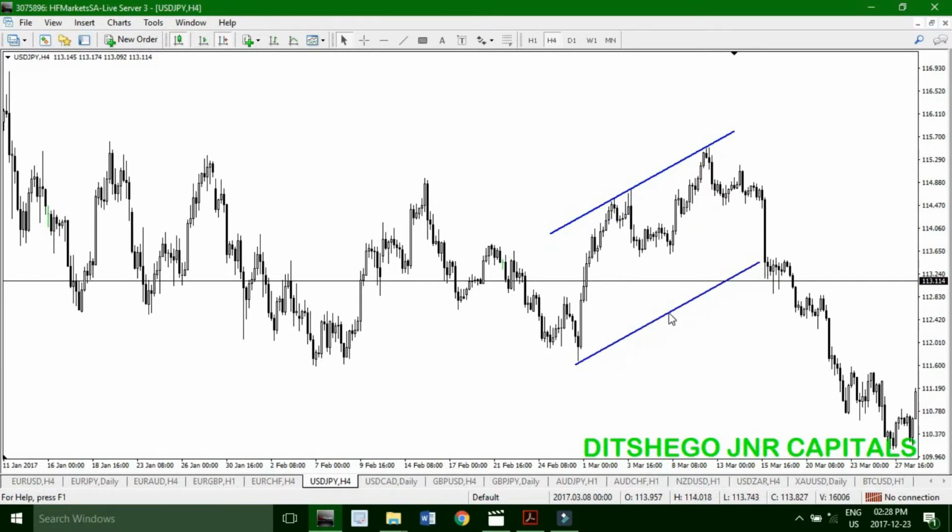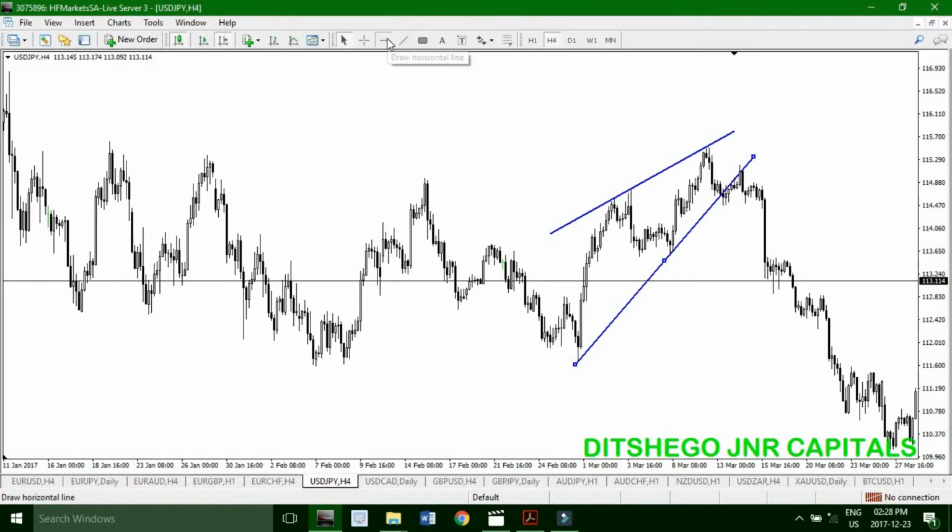So yeah guys, lastly, let me give you the last example over here. This one, we had our first initial low over here, which is our first touch, and a touch on the resistance level, back to our support there, a touch, and a touch on the resistance again, which confirms a complete chart pattern, and in this case it's a complete rising wedge, and we had our break over there.